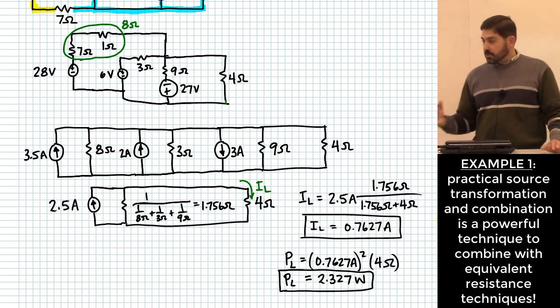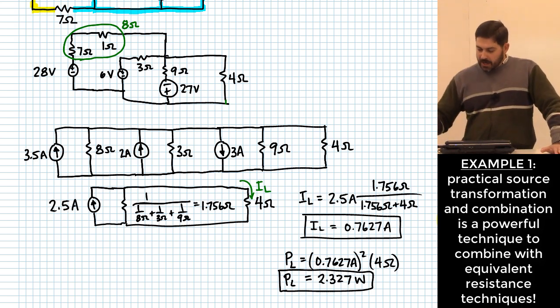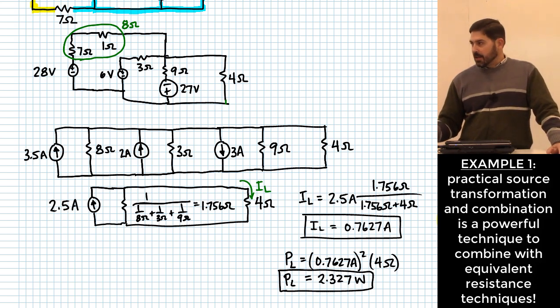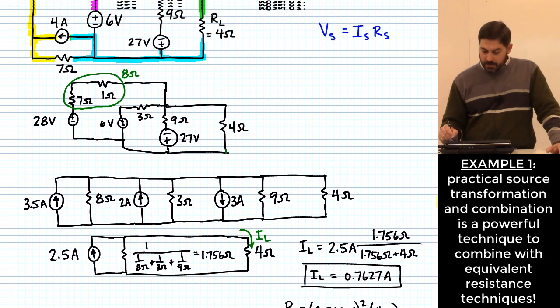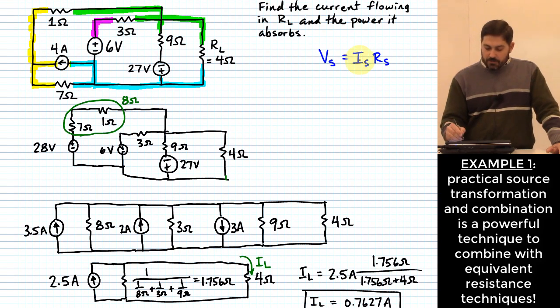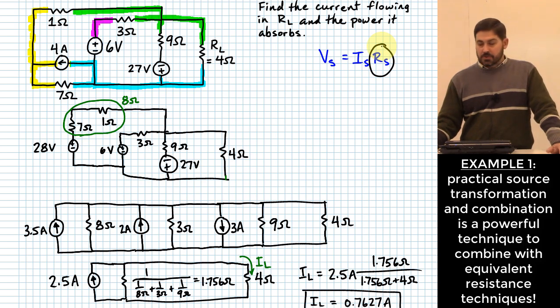So what I've just shown you now is using practical source transformation as a circuit analysis tool. And the only equation you really need to know is that to convert from voltage to current or from current to voltage, the only factor you really need to know is that practical source resistance, right?